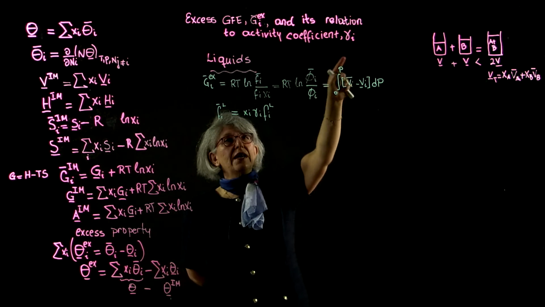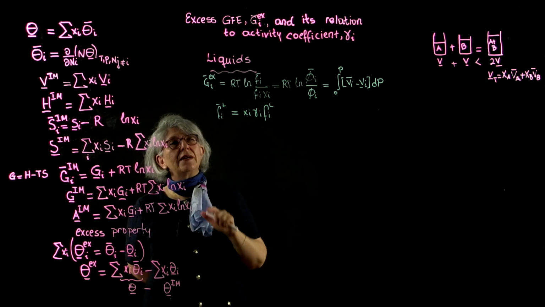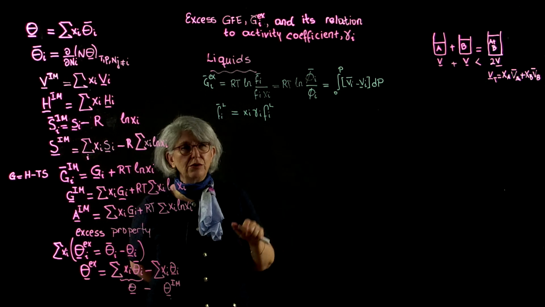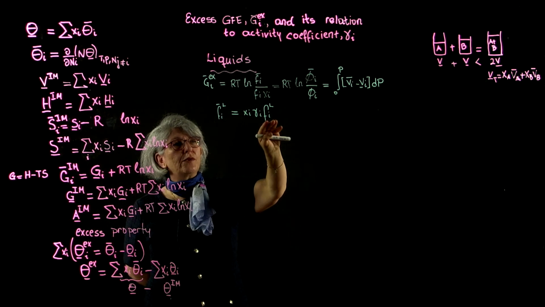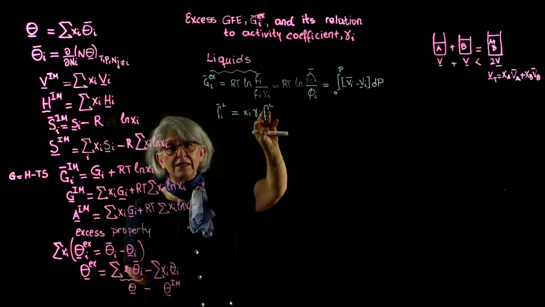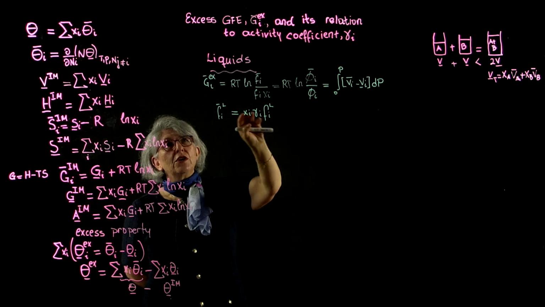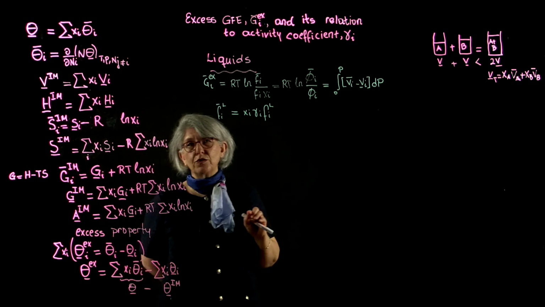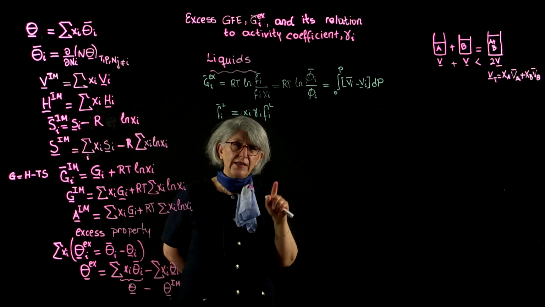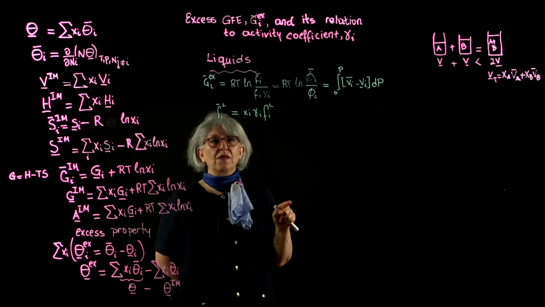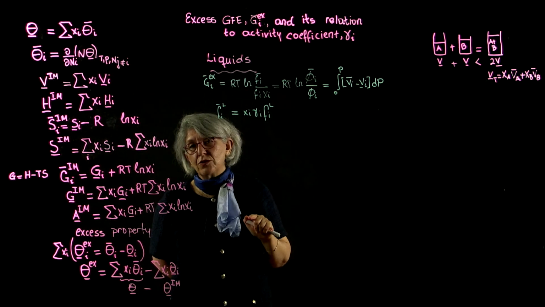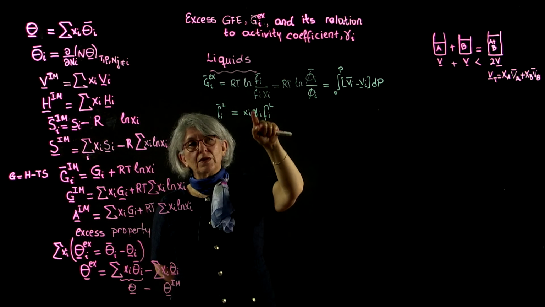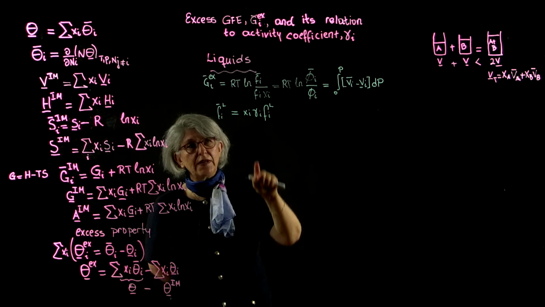This is the definition of the excess Gibbs free energy, and we have also introduced a new term called the activity coefficient gamma i. Gamma i is going to allow us to relate the pure component fugacity in the liquid phase to the fugacity of component i in a mixture, as a correction factor or as a modifier.